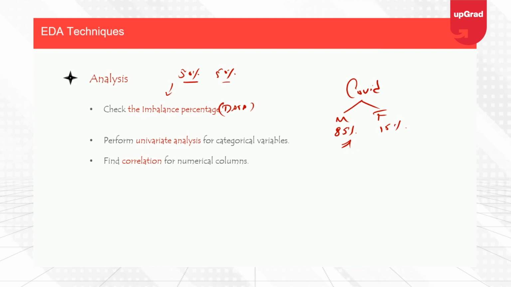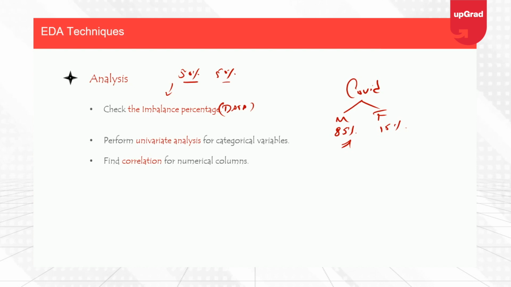Once we have done the imbalance percentage analysis, the next step is to perform the analysis. Now here, before I tell you the points, basically analysis can be of univariate, bivariate or multivariate types. If you are new to these terms, it basically means how many variables or attributes you are taking into account for performing the analysis.